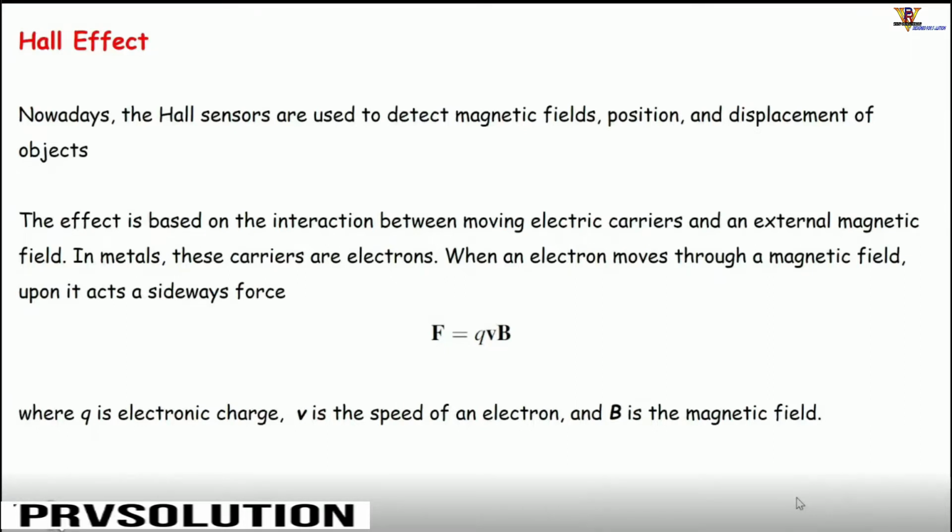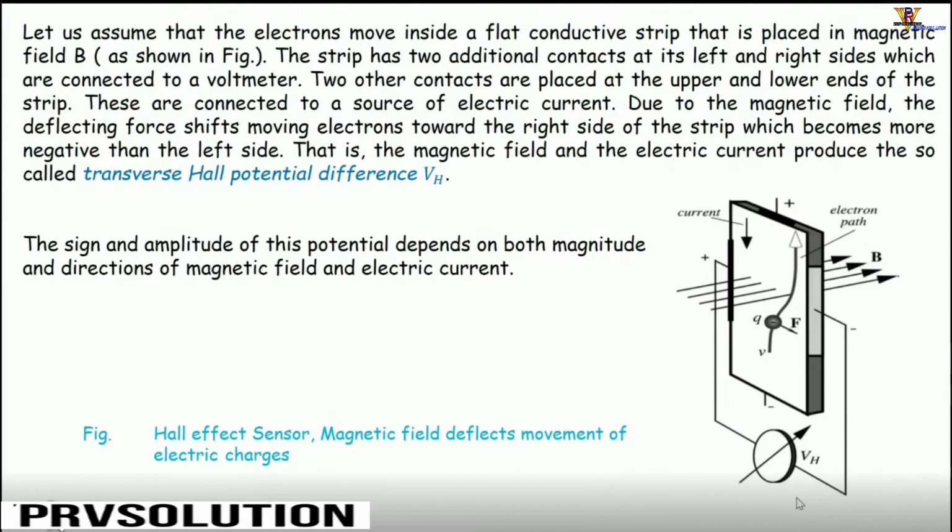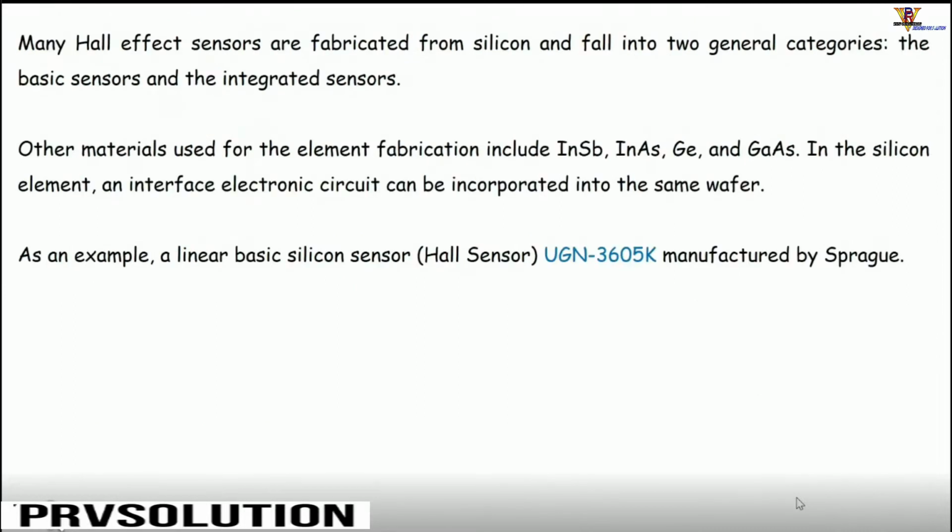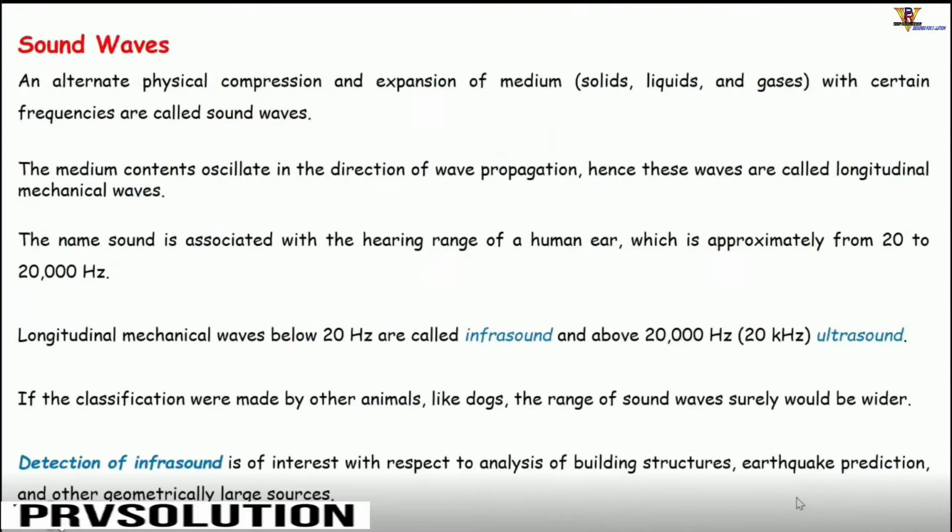The deflection of the path of moving electrons. Using that, we can sense something. Based on this principle, we can design a sensor to sense numerous stimuli. So that was related to the Hall effect. Using the transverse Hall potential, we can design a sensor and sense various types of stimulus.